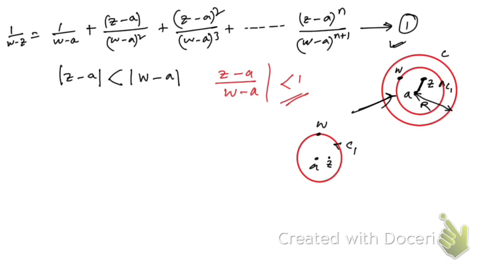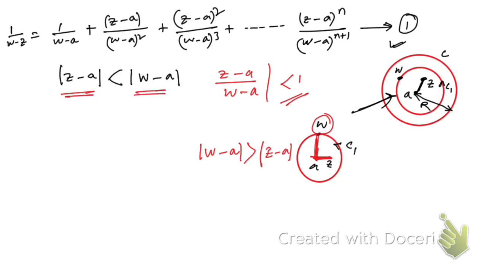So it is obvious that mod of W minus A is greater than mod of Z minus A, right? Because W is farther away from A compared to Z. So that's why we can write mod Z minus A is less than mod W minus A.